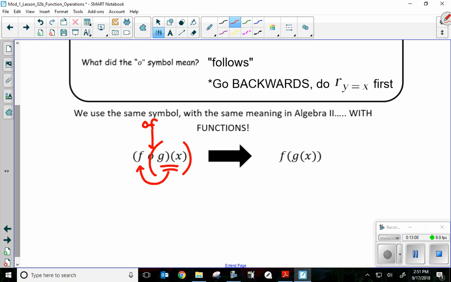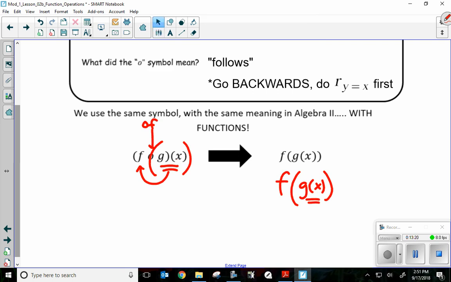So it can be rewritten like this. F of g of x. Okay, whatever value this is ultimately going to go into the f function. You may or may not get that completely. Maybe you kind of get it. Maybe some of you are, okay, hey, I got it. Let's do some examples and you can see what I'm saying. All right?